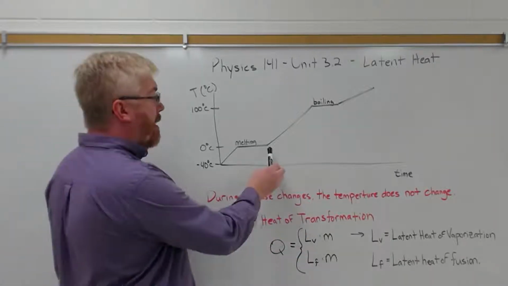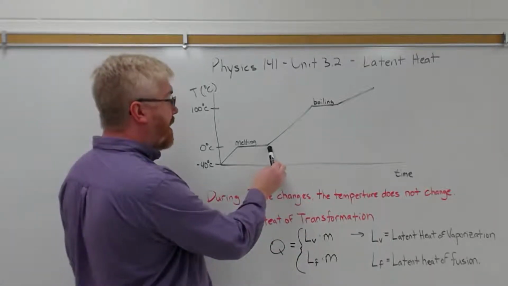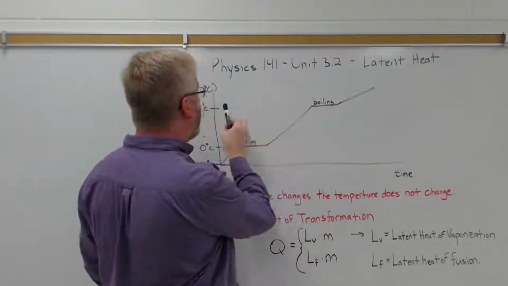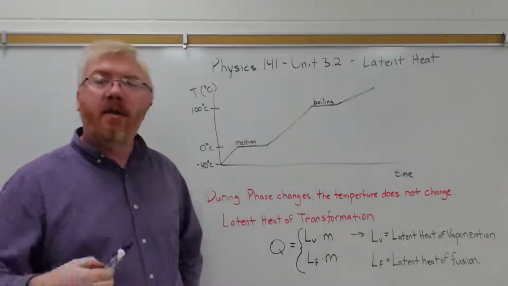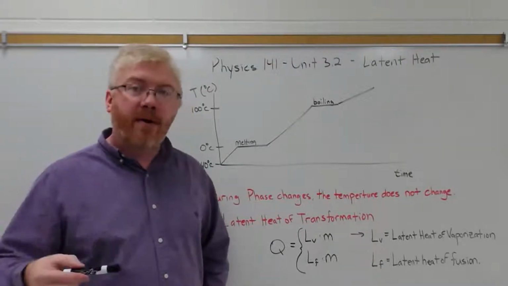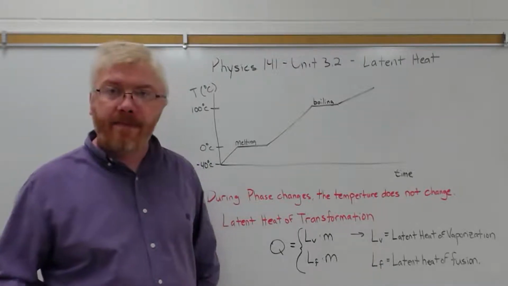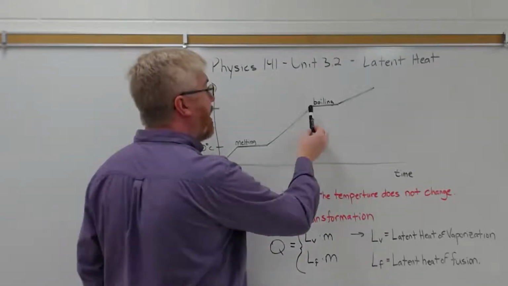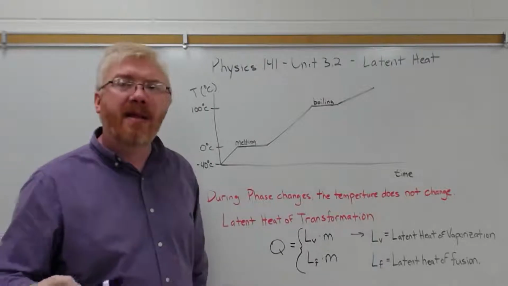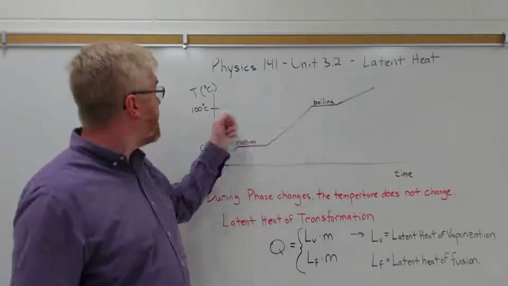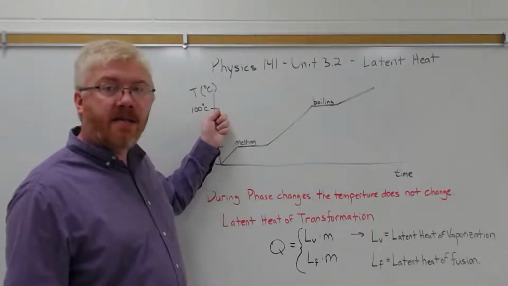All right, continuing on. Now we have water at 0 degrees Celsius. I continue to add heat. The water gets hotter and hotter until at 100 degrees Celsius, the water begins to boil. Liquid water is becoming water vapor, right? Gaseous water. That boiling process, as I said in a previous video, you can think of it as a cooling process, because the water doesn't want to go above 100 degrees Celsius.